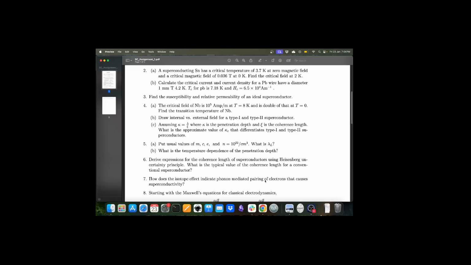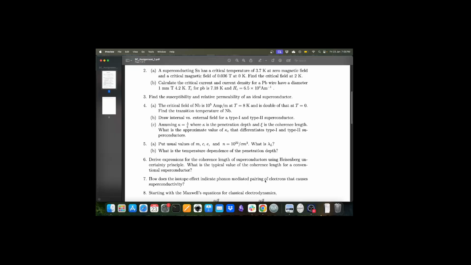So what we need to find is Hc at temperature 4.2 Kelvin. Given that Tc is already there and Hc is already there, and the question does not mention Hc at T equal to 0, so you need to assume that Hc given is Hc at T equal to 0.